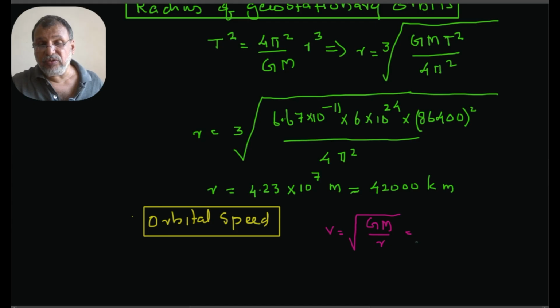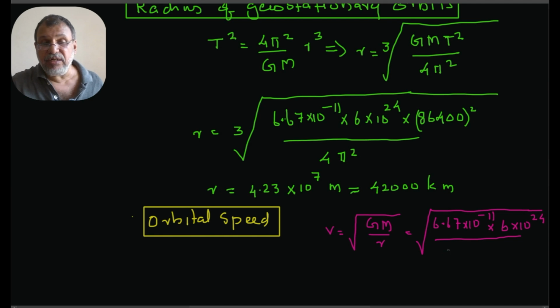This is equal to the square root of: G value is 6.67 times 10 to the power minus 11, M value is 6 times 10 to the power 24, and R value is approximately 4.23 times 10 to the power 7 meter.